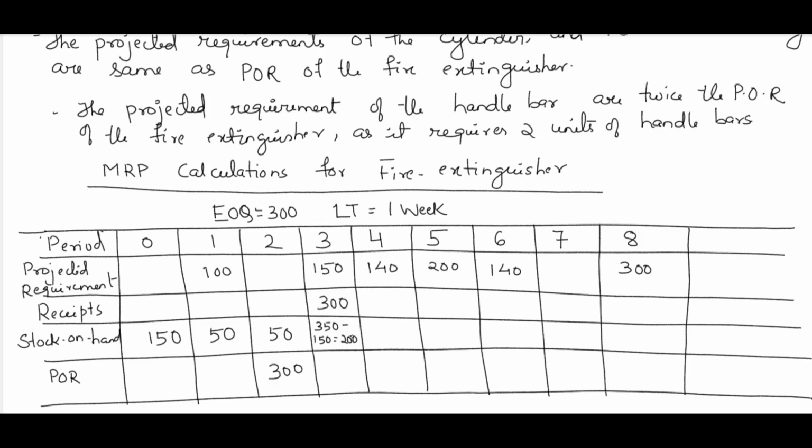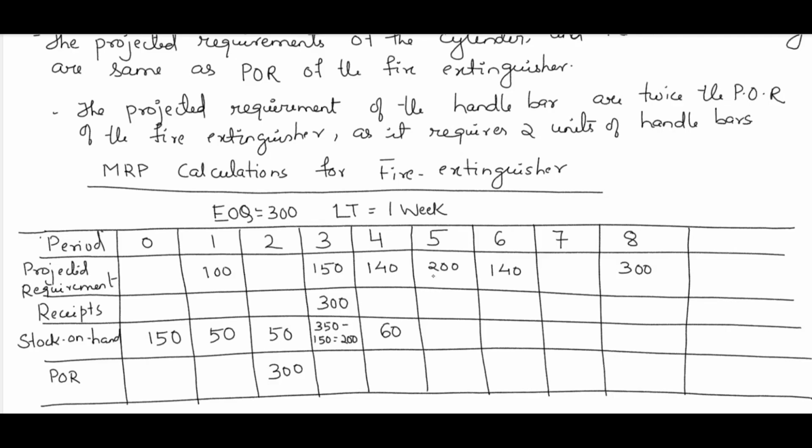Then we will carry forward. Now you can see that fourth week demand is 140, and we are having 200 units of fire extinguisher. So we can satisfy it. From 200, if we subtract 140, remaining is 60 numbers.